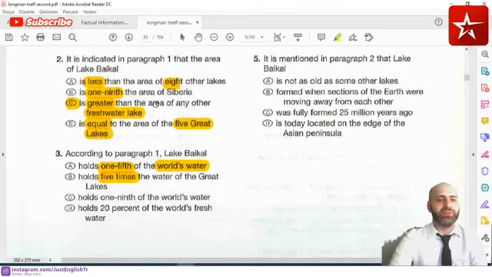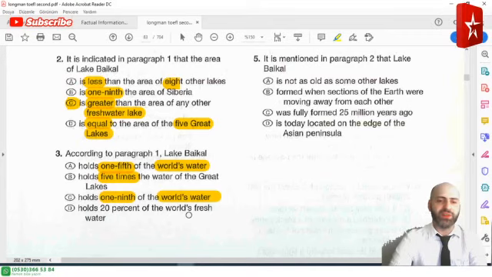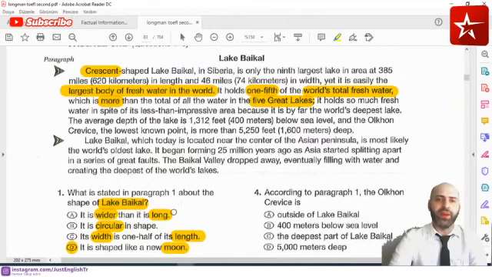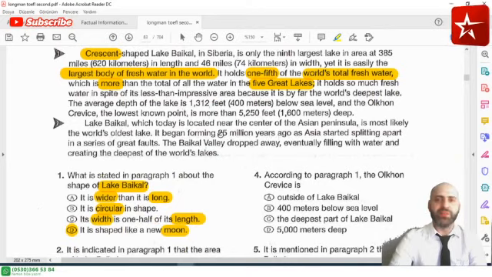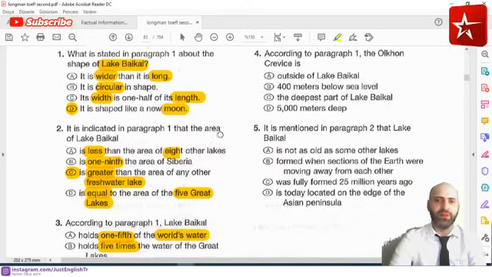So answer B can't be correct. Then we have C. Holds 1/9 of the world's water. We go again and we see that here we have information about fresh water, not just water. So C is also incorrect and probably D will be the correct answer.